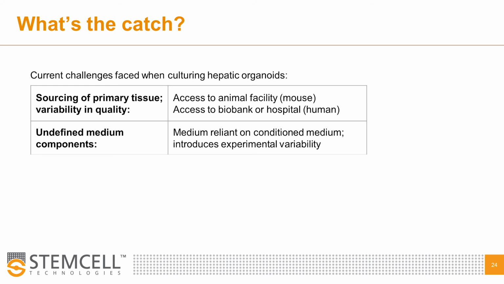Although this can significantly reduce material costs, it is time-consuming to set up cell lines to continuously generate conditioned medium, and it can easily become a strain on lab labor and space. But maybe more importantly, it is highly challenging to consistently produce highly controlled conditioned medium that contains the same concentration of growth factors in every batch. So if this is not achieved, this sometimes introduces variability in the growth of organoids.